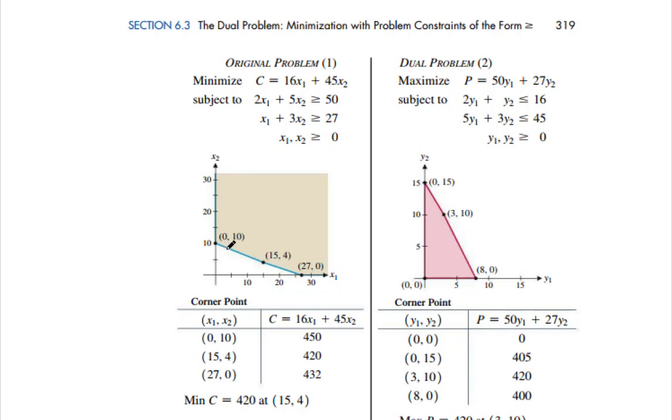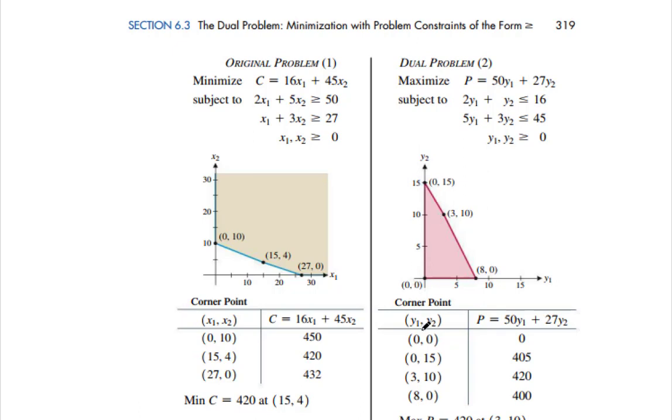Well, rather than solve this problem, we form the dual problem, which makes the problem back like what we did in section 6.2. So here in 6.3 we're trying to minimize. We convert to the dual problem, which is to maximize, and it would be at these corner points.